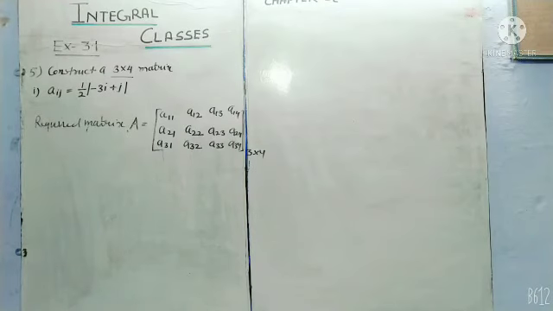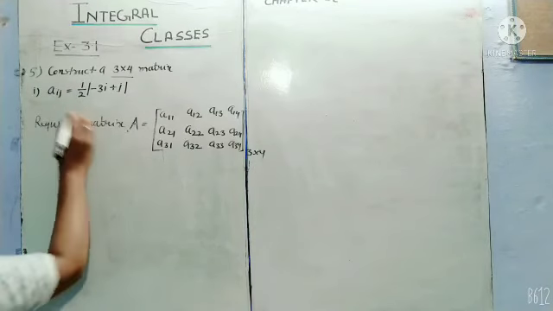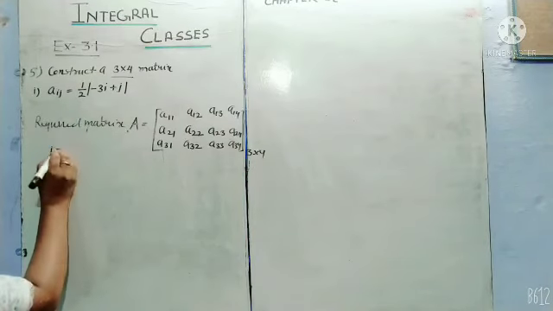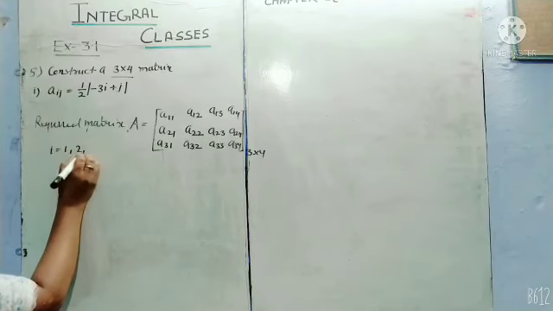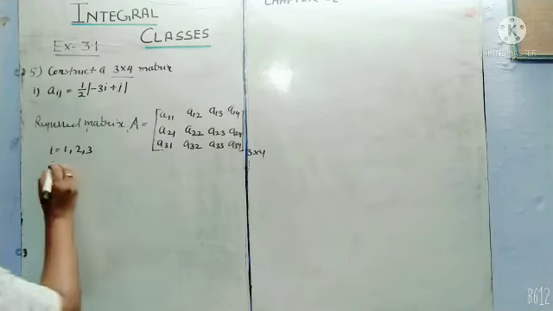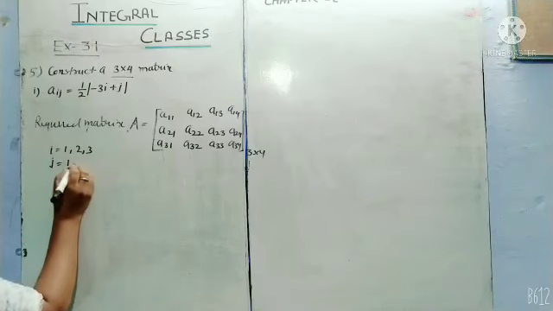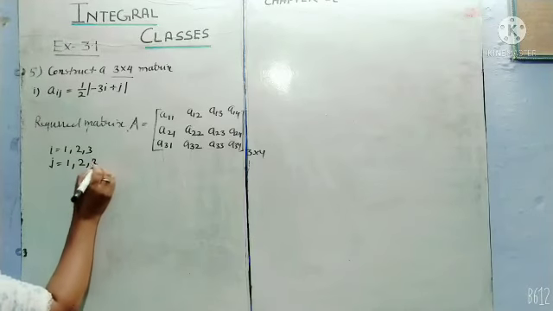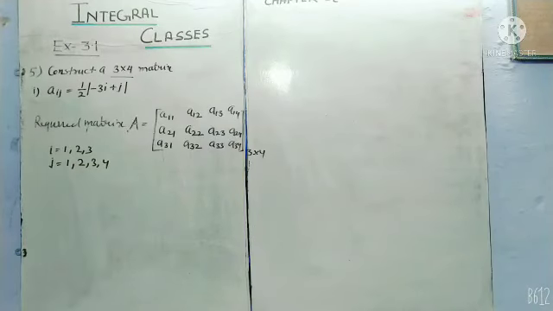Now we will replace i and j. What are the values? i goes to 1, 2, 3 because we will consider only 3 rows, and for j we will consider 1, 2, 3 and 4.